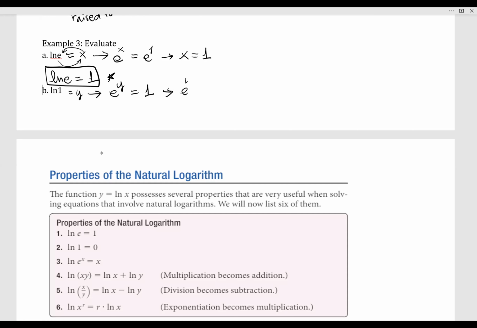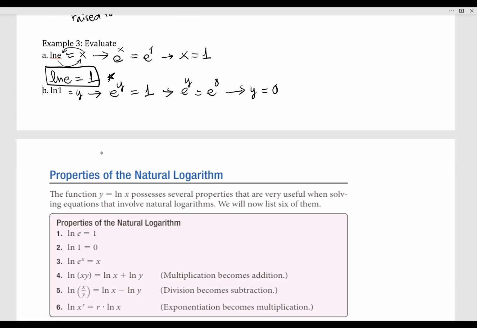So e to the power y equals e to the power 0, since anything to the power 0 is equal to 1. Since the bases are the same, the exponents have to be the same, and in this case y has to equal 0.